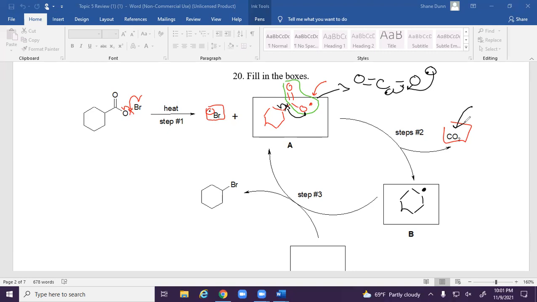Okay. So how do I go from B to A and make this guy? What happens? You use the bromine that has the radical. Okay. But that's over here.